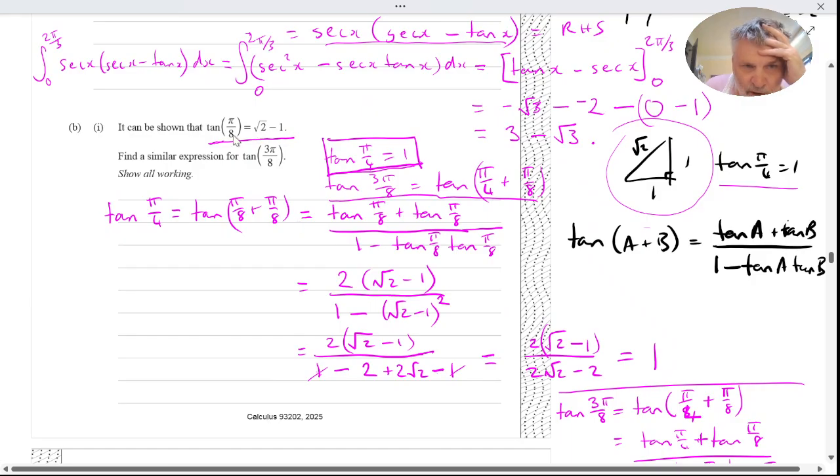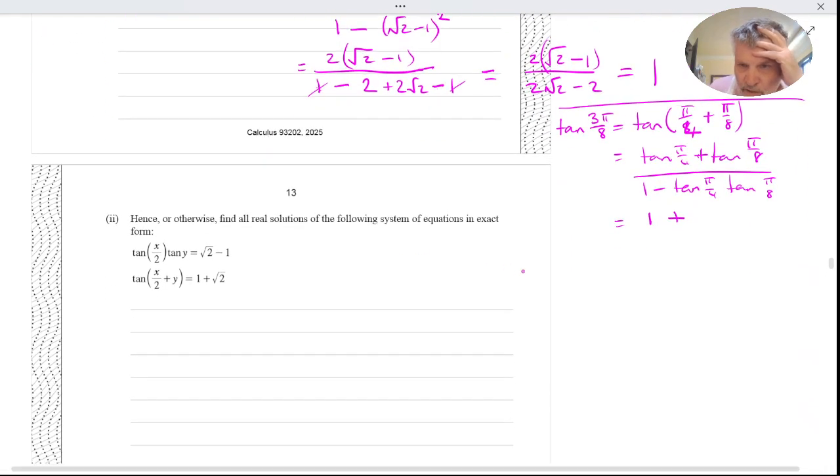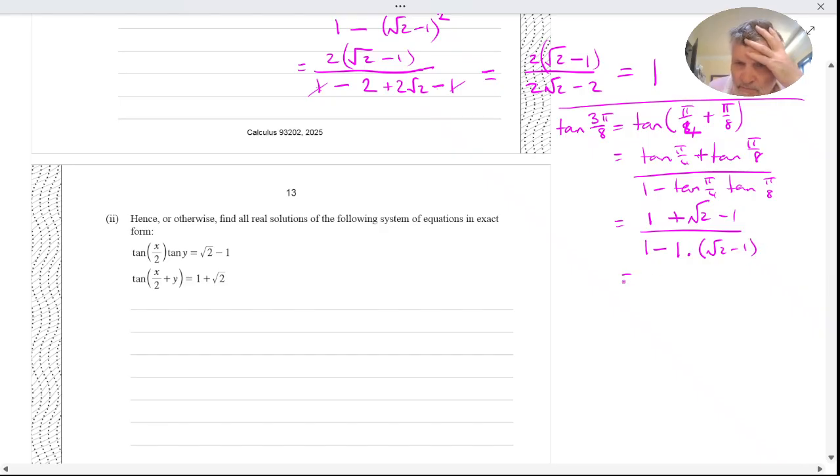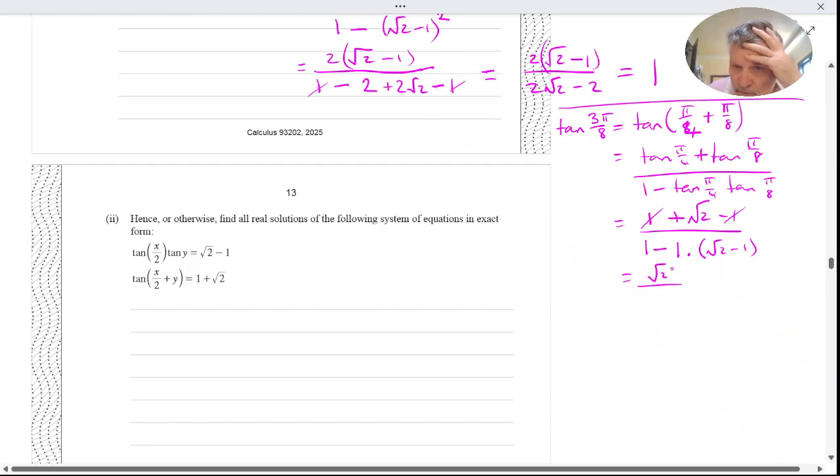So tan pi over 8 we're told is root 2 minus 1, and in the denominator we've got 1 minus tan pi over 4, which is 1, times root 2 minus 1. The ones cancel in the numerator, so we've got root 2 on the top. We've got 1 minus 1, so 1 plus 1, so that's 2, and minus root 2.